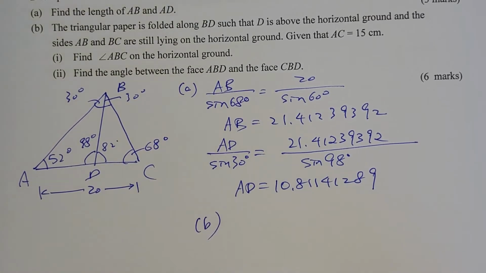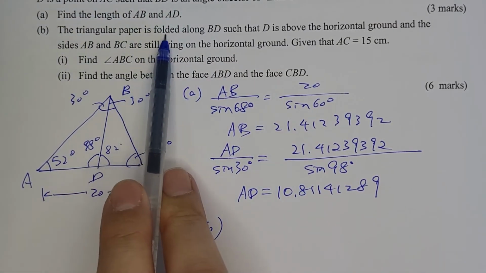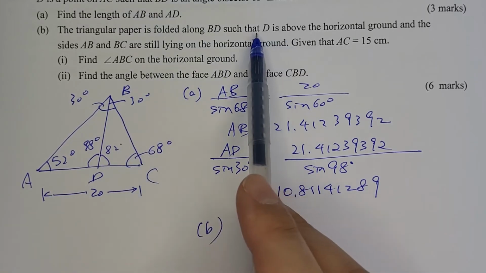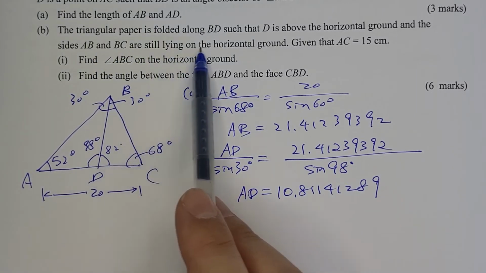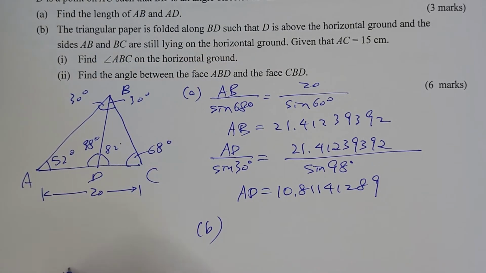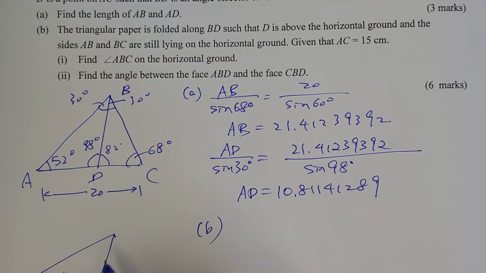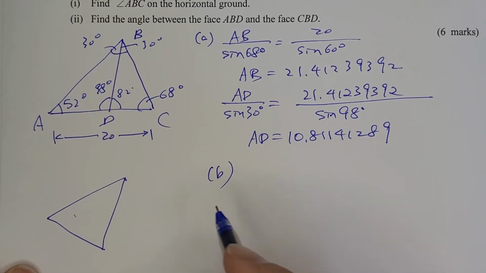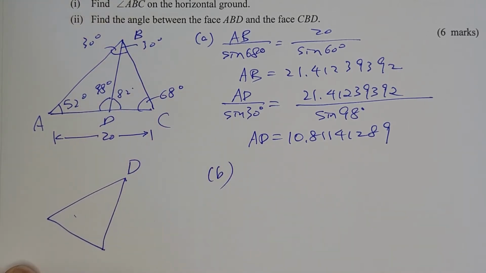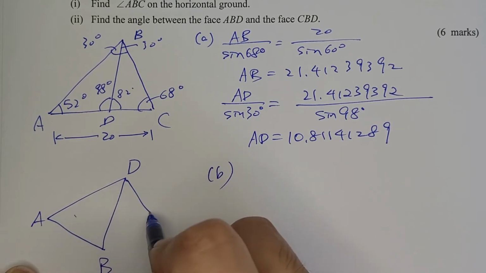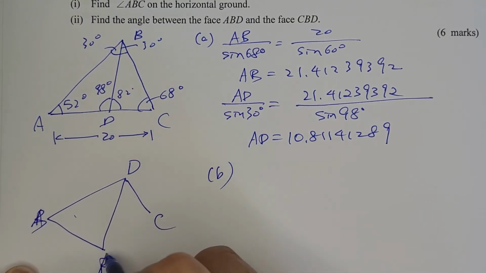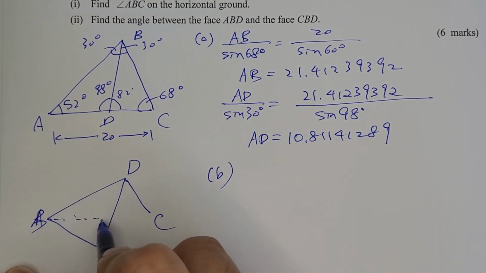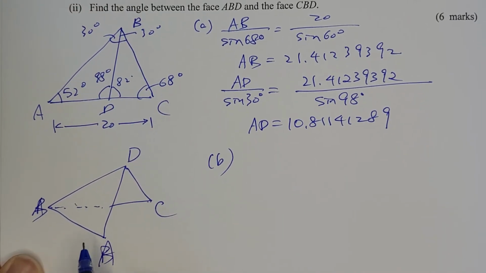And part B. The triangular paper is folded along BD such that D is above the horizontal ground and the sides AB and BC are still lying on the horizontal ground. So that's the case. When I fold it along the line BD, then D is above the horizontal ground and AB and BC are still lying on the horizontal ground, okay?